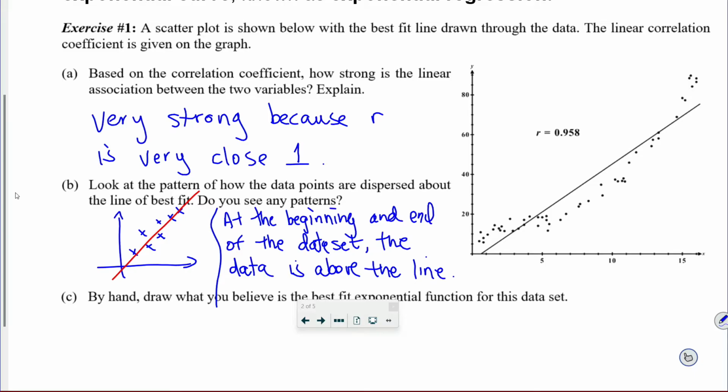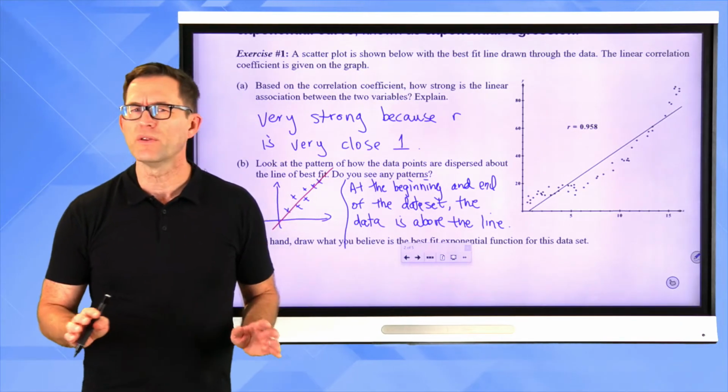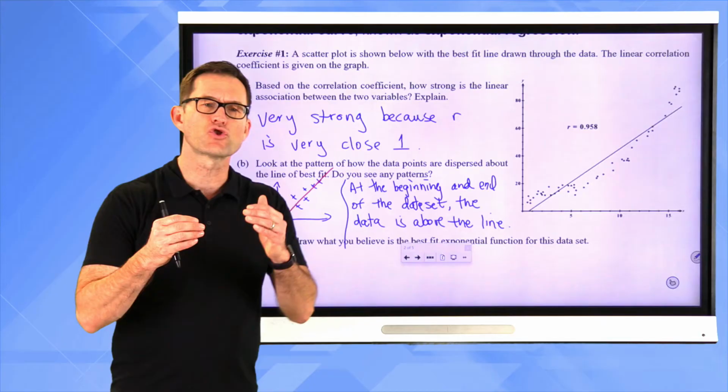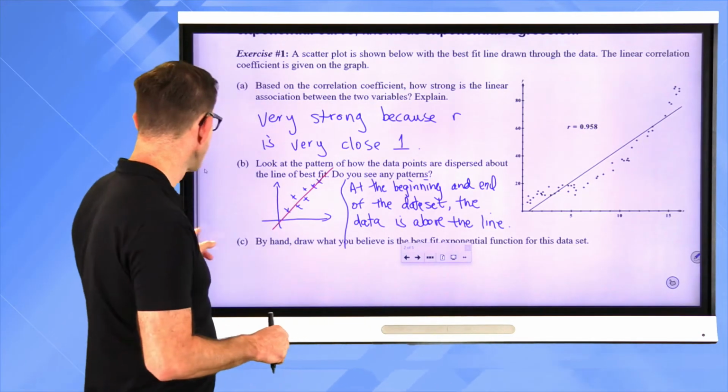And likewise, in the middle of the data set, all the data is below the line. And that's kind of weird, you know what I mean? We don't really expect that if there's truly a linear association within the data.